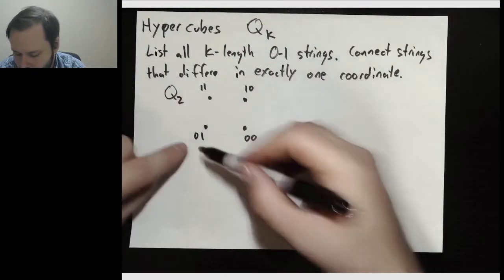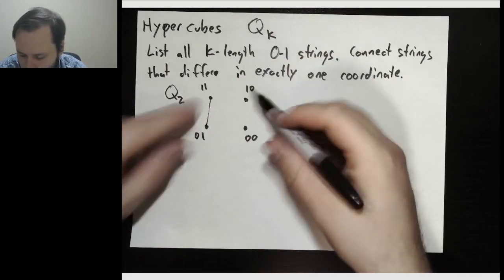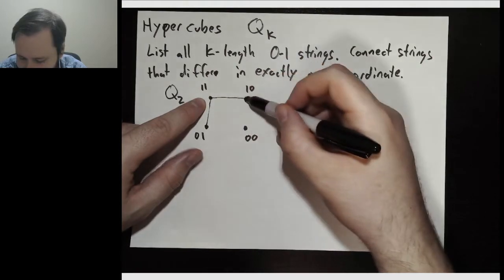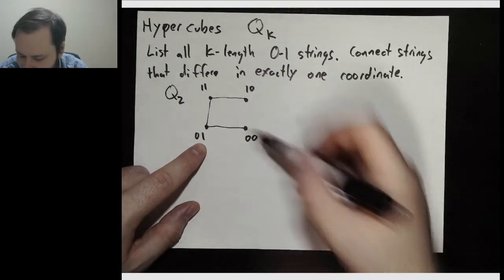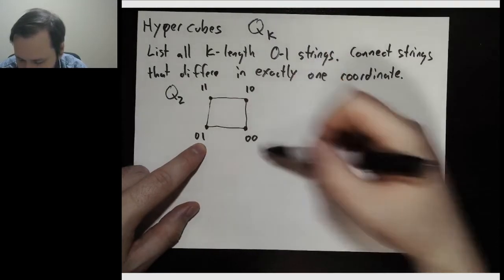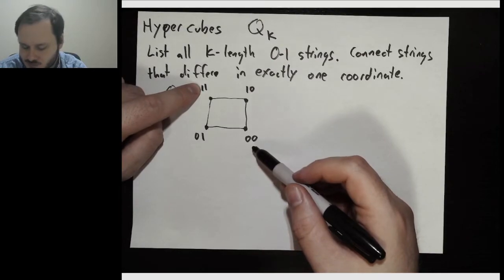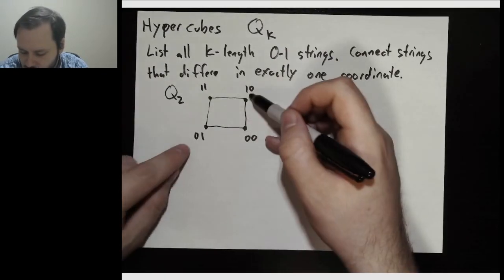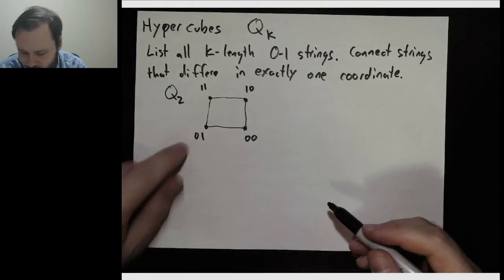So 11 and 01, they have a different first coordinate. 11 and 10, they have a different second coordinate. If I change this 1 to a 0, that gives me that. If I change that 1 to a 0, that gives me that. But these two are different in 2 places. There's no edge there. And these two are different in 2 places. So there's no edge there.